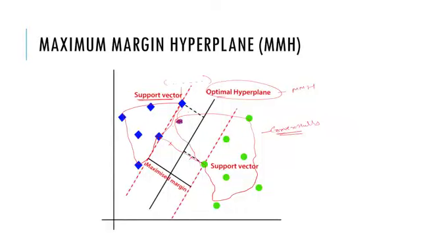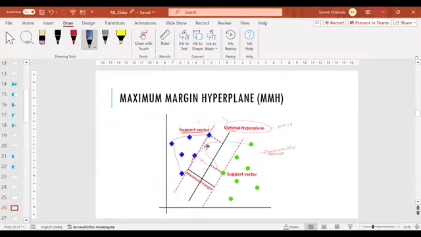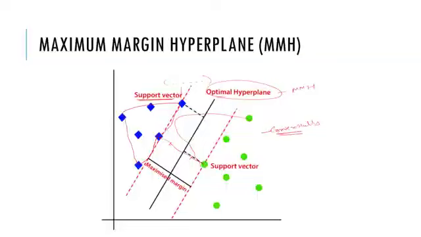Here it is not linearly separable, so let me make it linearly separable. Let's start this. It's not getting erased.